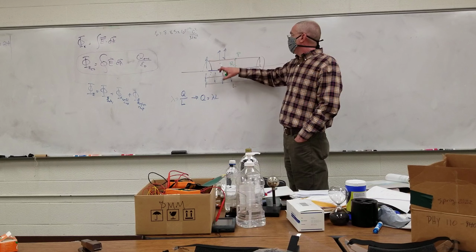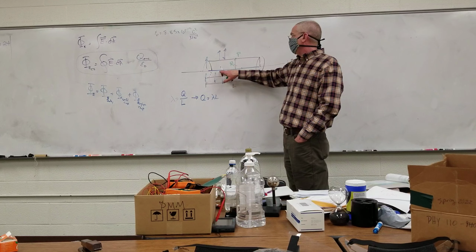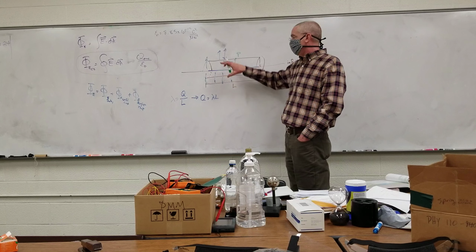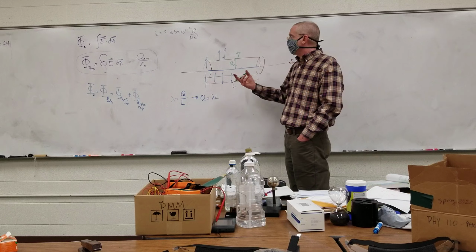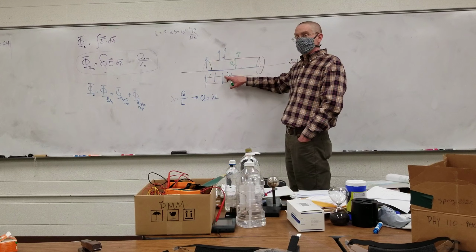Because the electric field is the same distance away from my line of charge everywhere on the body of it, it's got to be the same magnitude of electric field. There's no reason why the electric field would be stronger up here than it is down here.